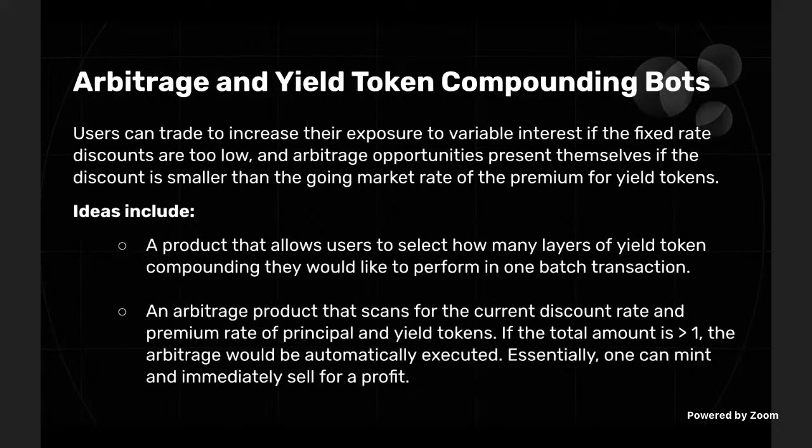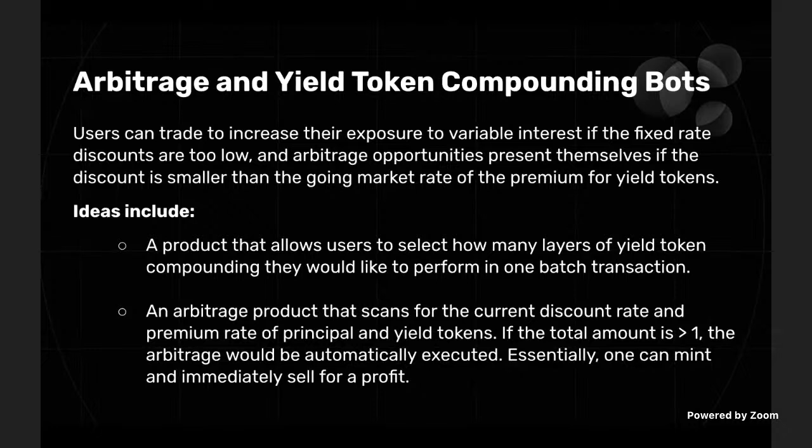And lastly, users can trade to increase their exposure on Element to variable interest if the fixed rate discounts are too low. And then arbitrage opportunities present themselves if the discount is smaller than the going rate of the premium of yield tokens in the market.